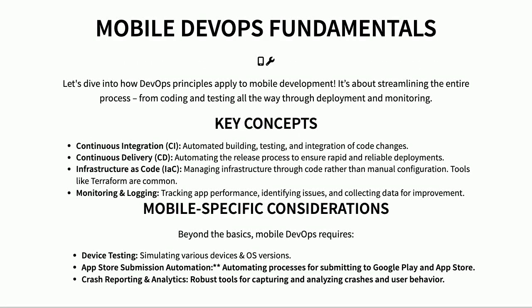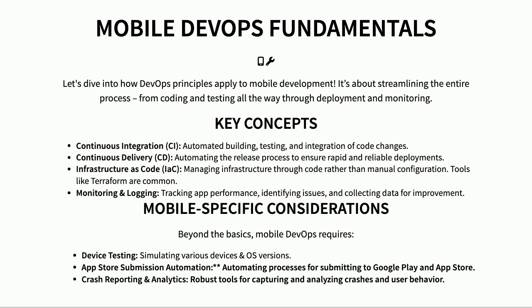Okay, so let's talk about how DevOps fits into the world of mobile development. Essentially, it's all about making the whole process from writing code to getting your app out there and keeping it running smoothly as efficient and reliable as possible. We're talking about automating things like building, testing, and deploying updates so you can get new features and bug fixes to users much faster.